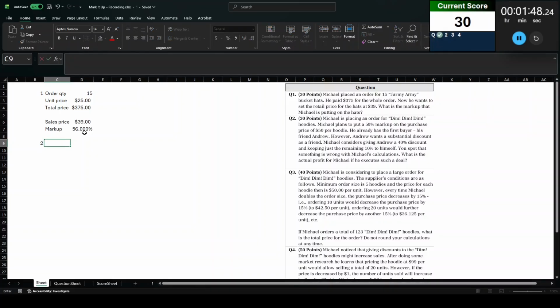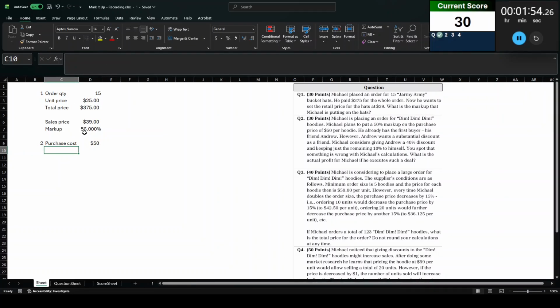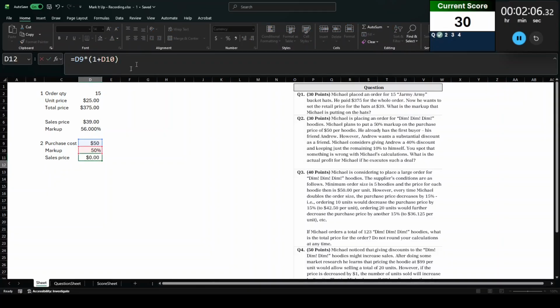So, purchase cost is going to be $50 per hoodie. Markup, he said, was going to be 50%. So sales price is going to be $50 times 1 plus that markup, which is not that because you need to put in the parentheses properly, $75.